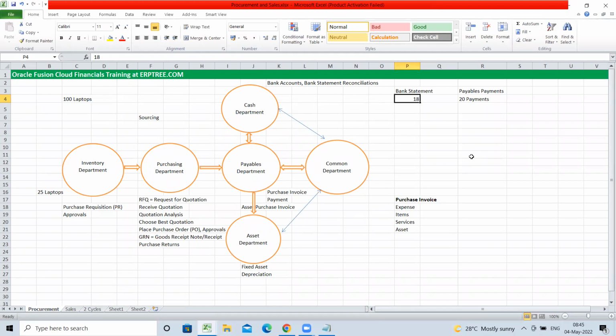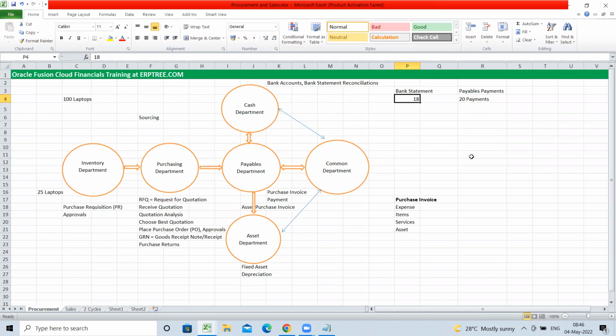Out of 20 checks, only 18 checks cleared in the bank. That is the reason only 18 payments are reflecting in the bank statement. The reason could be that the suppliers have not yet submitted the rest for clearing. They'll find out the reasons.